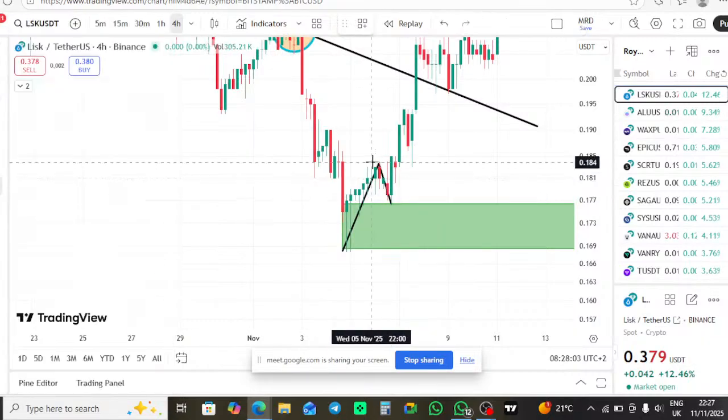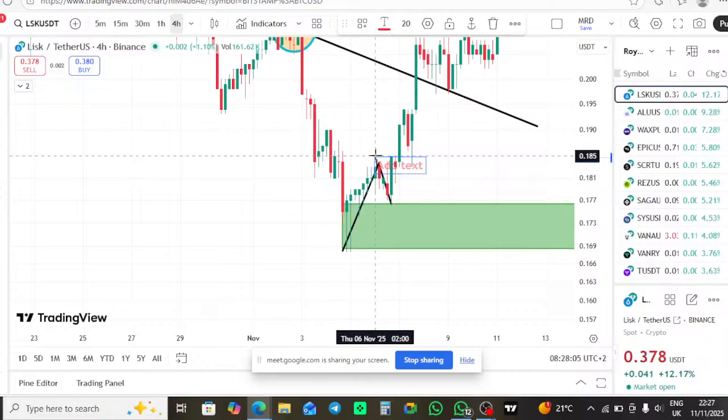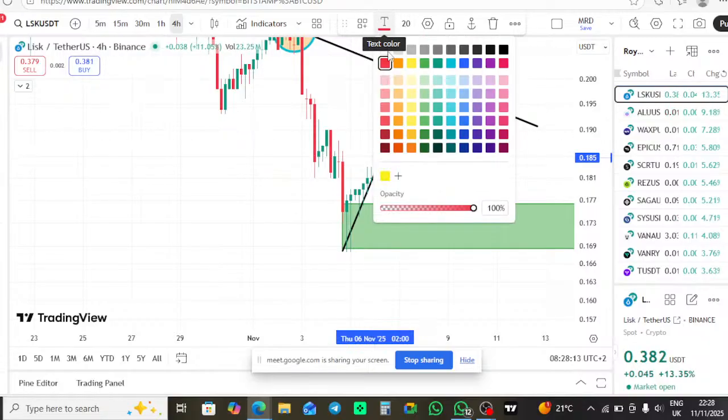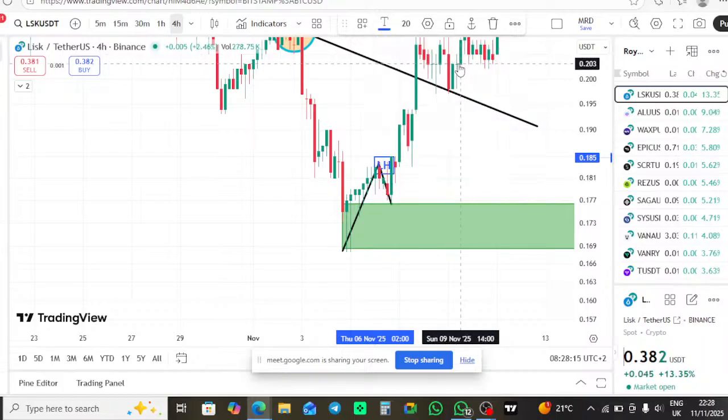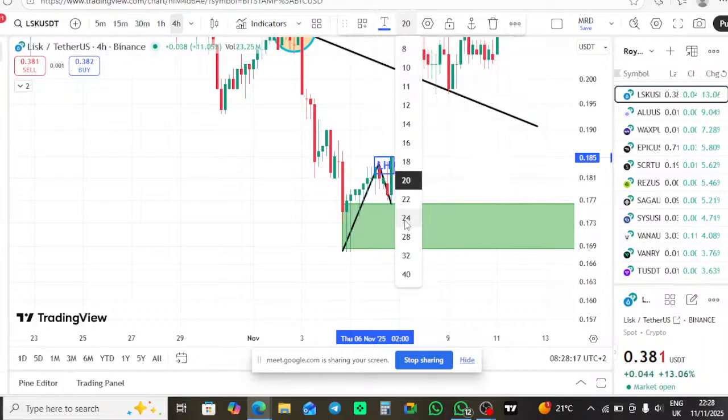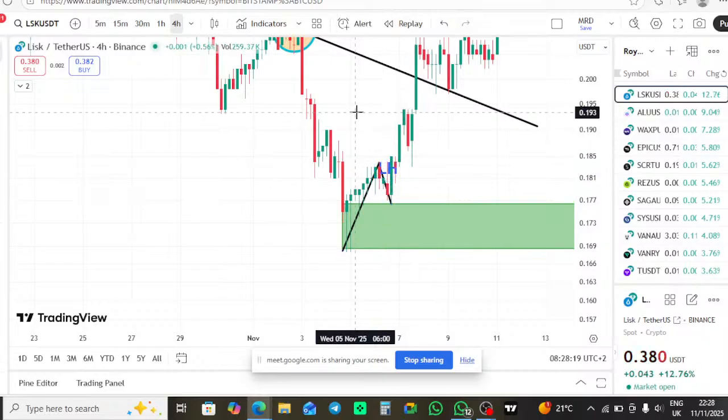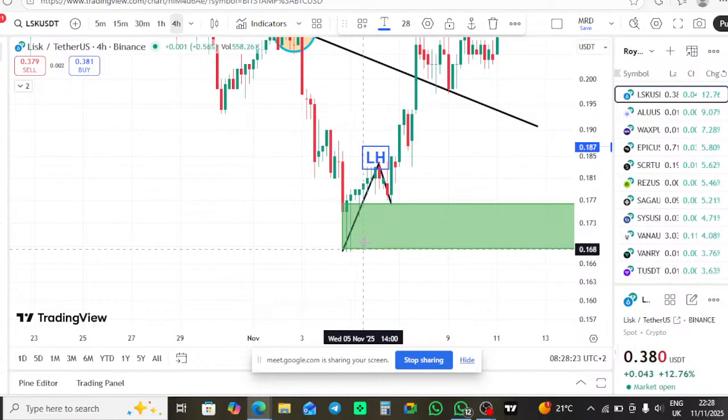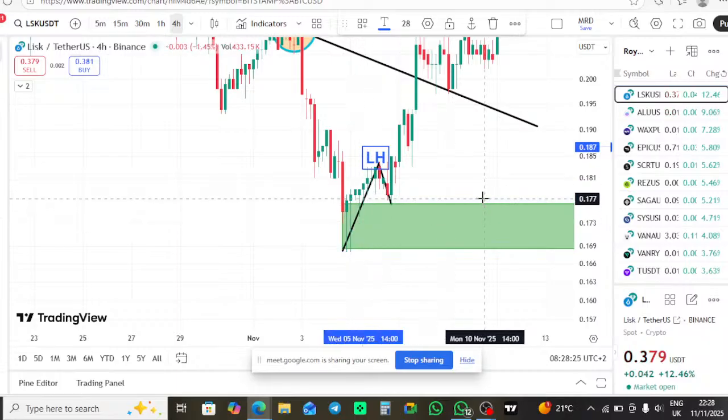This is the lower high that we want. Oh, no, it is small. What is happening to you, please? Can you change your color into blue and increase the size to be big? You see now? That is our lower high.